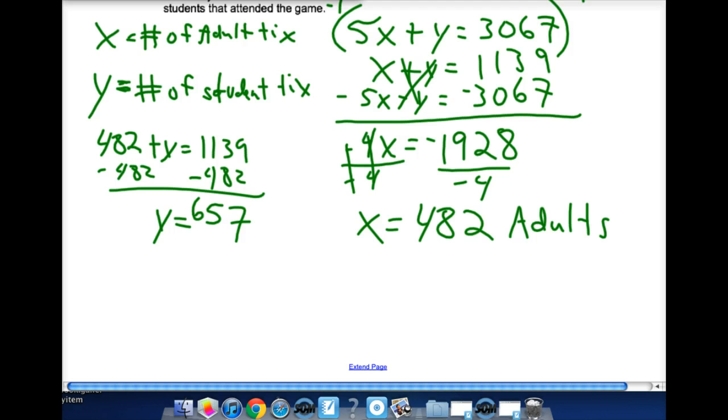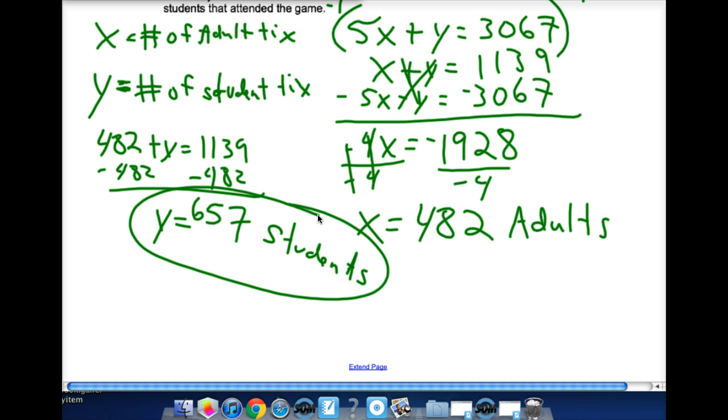Okay. That's students. Make sure that those numbers add up to 1139. Please write students.